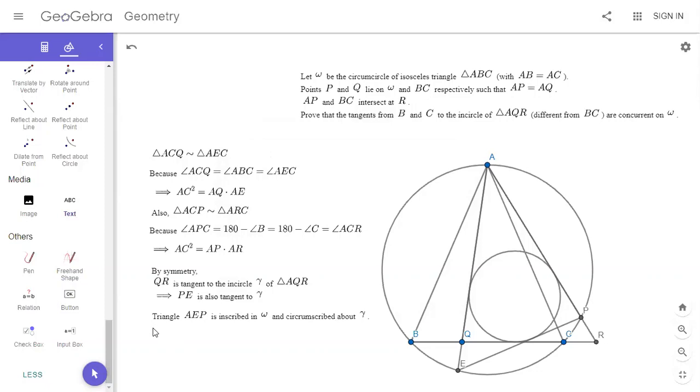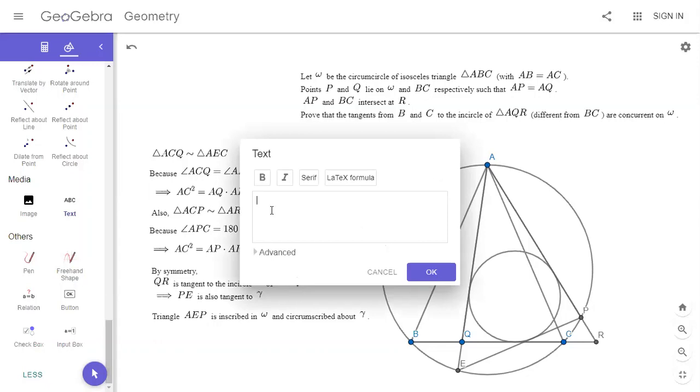So by Poncelet's Porism, I'm going to explain what Poncelet's porism is in just a sec.